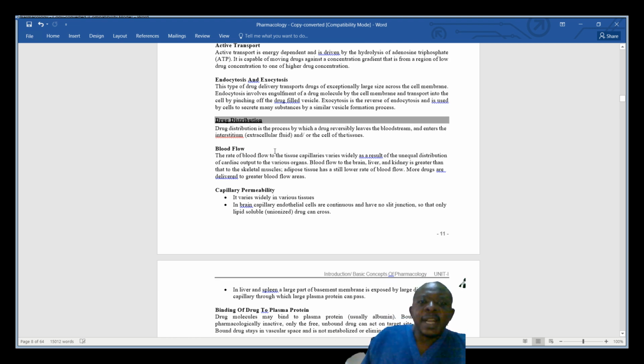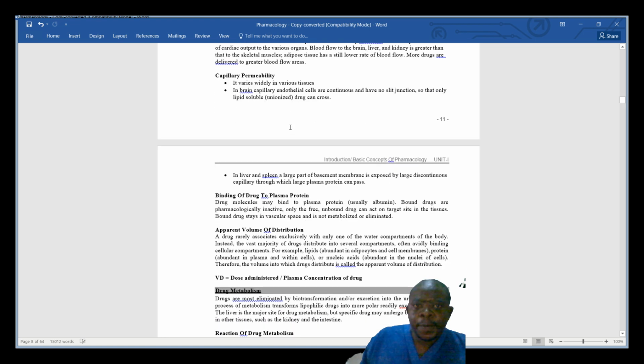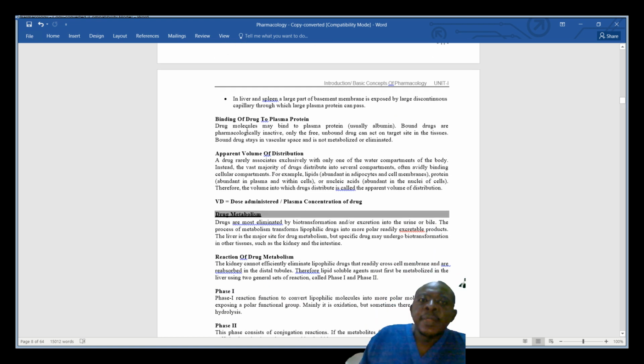Then drug distribution. Not all drugs reach all organs, others have got barriers. The special organ there is the brain, which has got what we call the blood-brain barrier. The more blood flow to an area, the more you expect the drug to be distributed. Then the binding of the drug to plasma proteins.